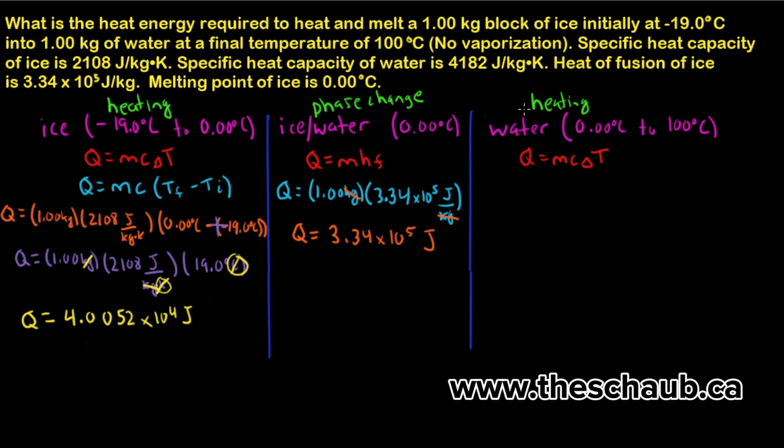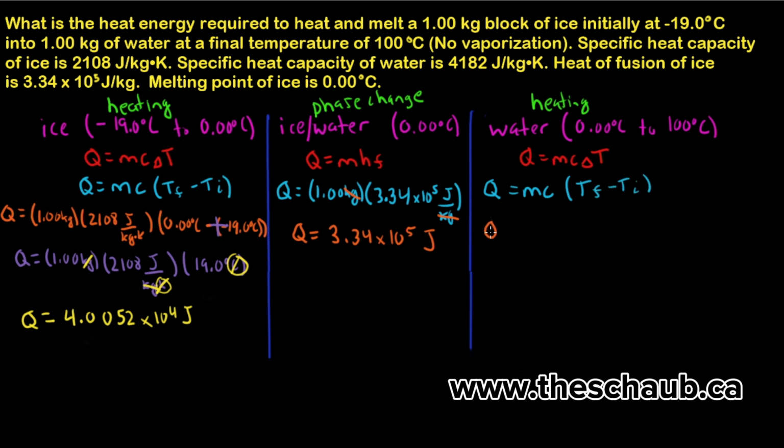And finally, we're ready to calculate how much heat energy is required to heat 1 kilogram of water from 0 degrees Celsius to 100 degrees Celsius. As before, this equation is equal to Q equals mc. Change in temperature is temperature final minus temperature initial.